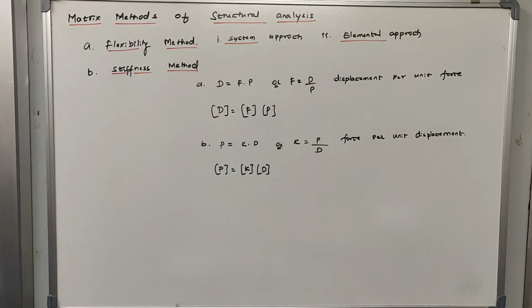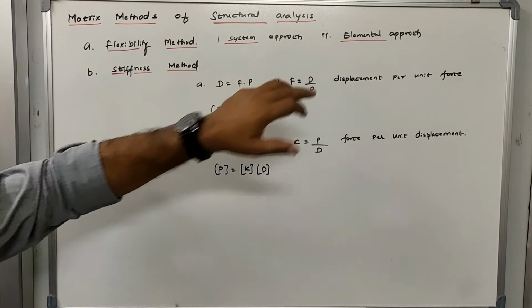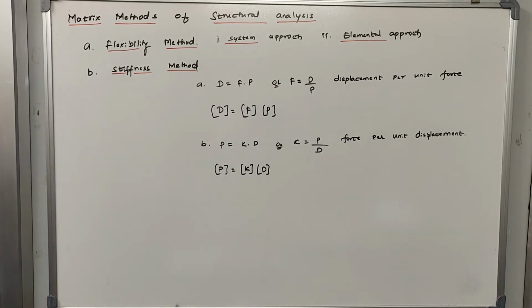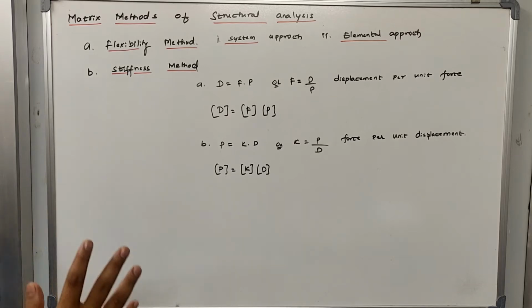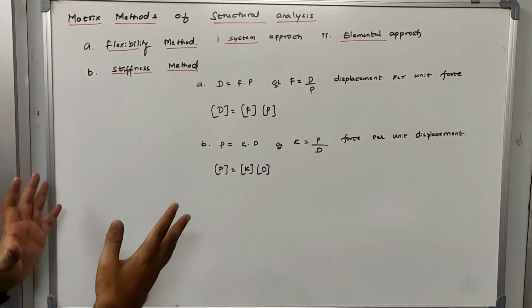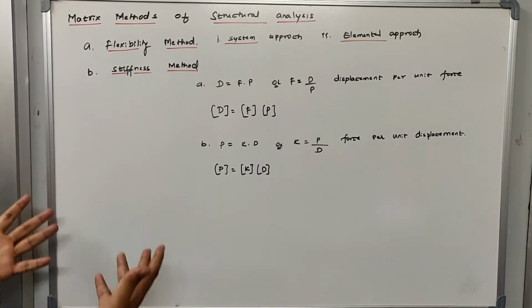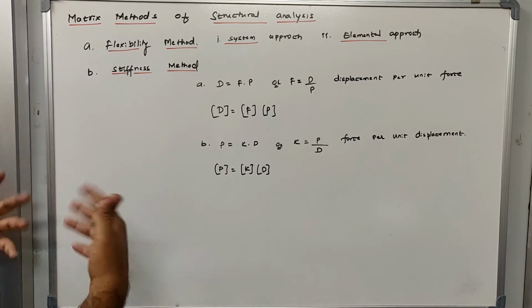But in this semester we will study the system approach. In the system approach, we consider the whole structure. If there is any continuous beam or any frame, sway or non-sway, that entire frame is considered while solving for the moments and forces.